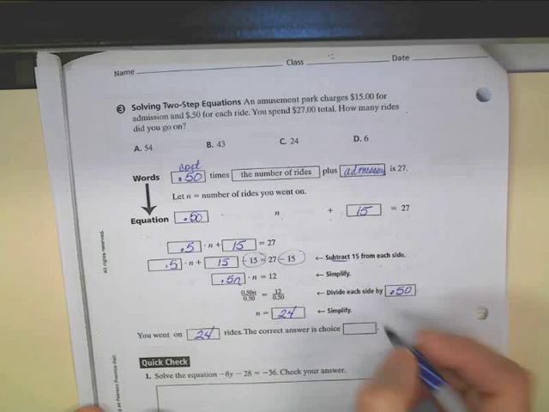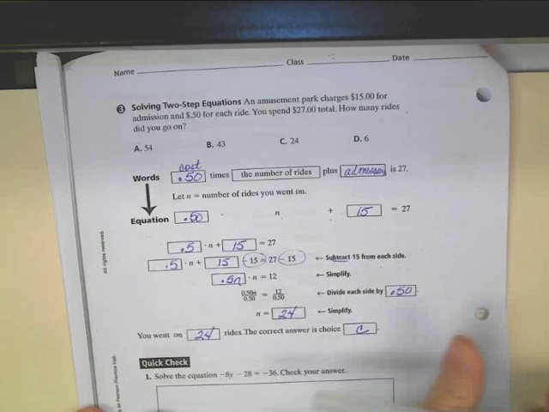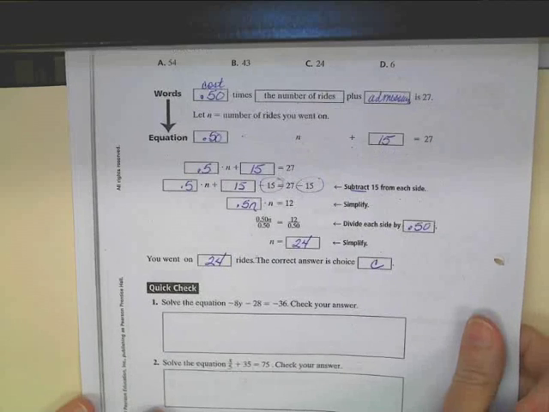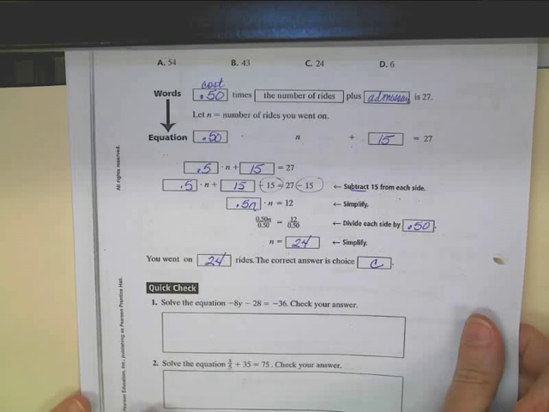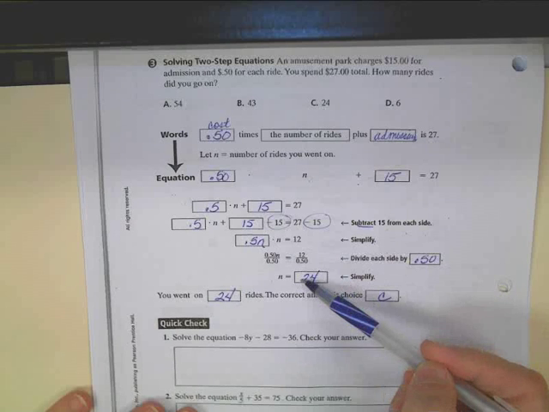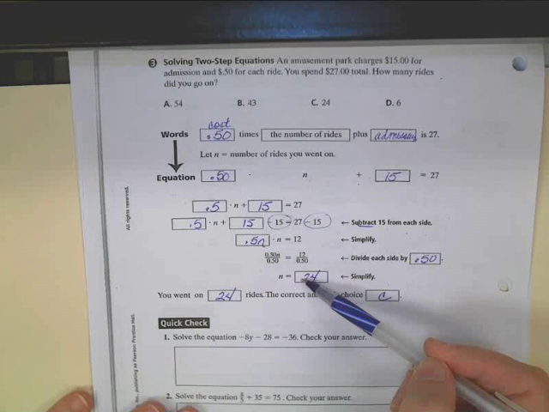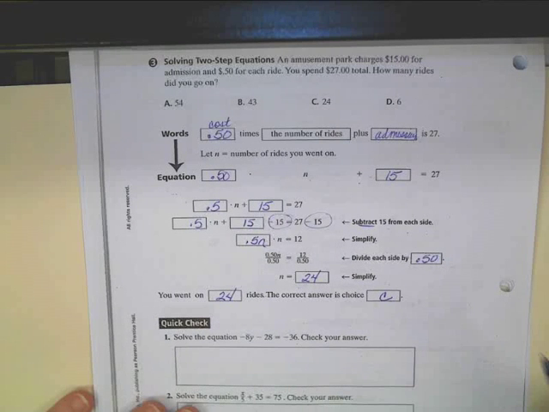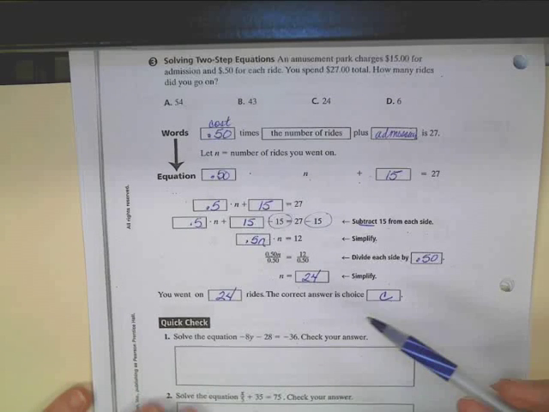So you went on 24 rides. That means your correct answer choice from above is choice C. Again, to get the 24, you're going to take 12 divided by 0.5 or 0.50. Don't forget your rules for dividing with decimals.